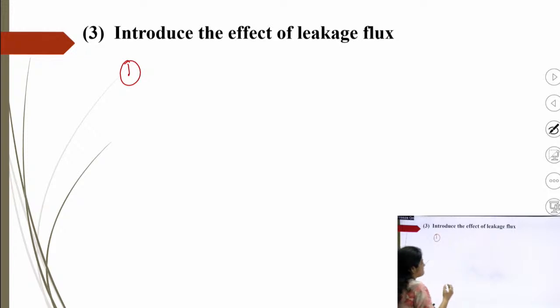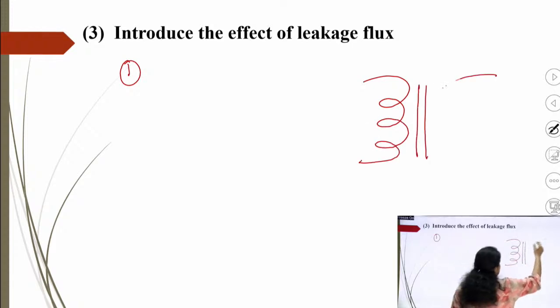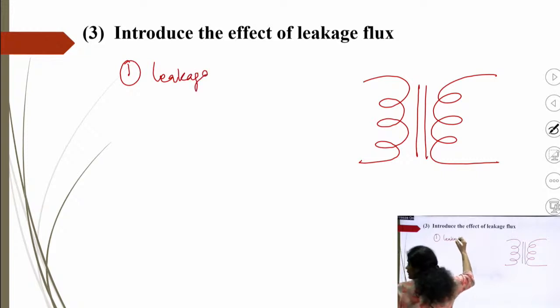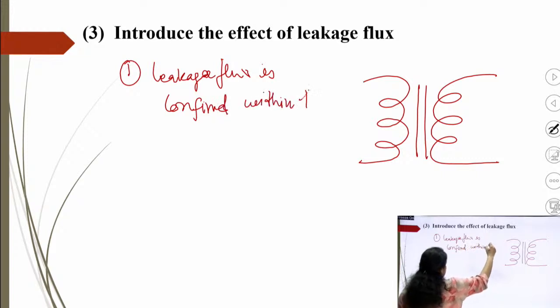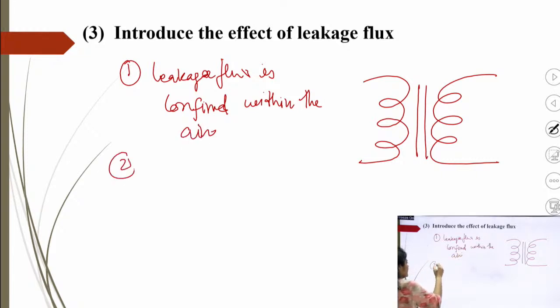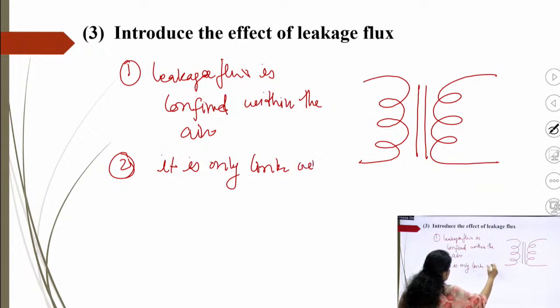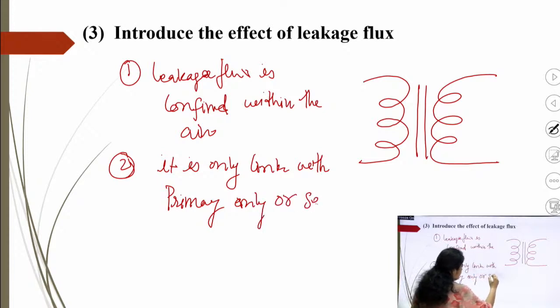So, leakage flux is confined within the air, second, it is only linked with the primary or high voltage side, you can say primary only or secondary only, right.